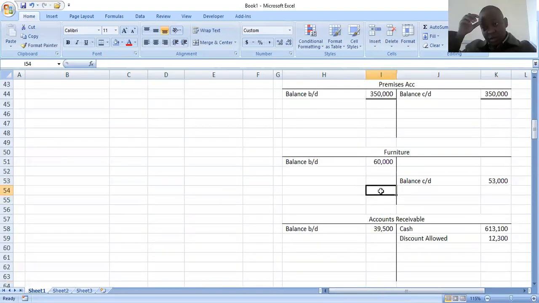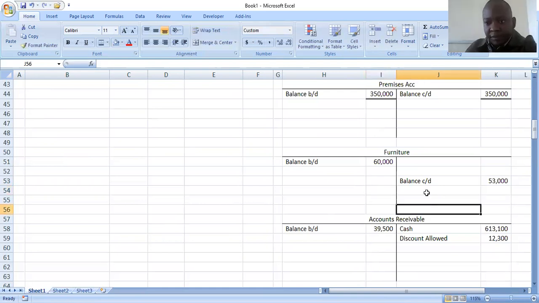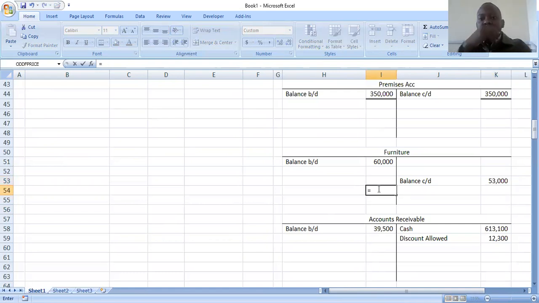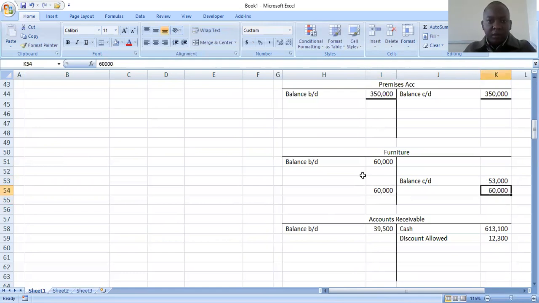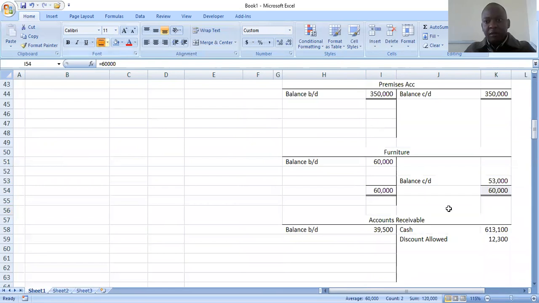As you can see, for furniture the balance is 53,000. So the total of both sides cannot be 53,000. You take the higher total of 60,000 on both sides as the total of both sides.